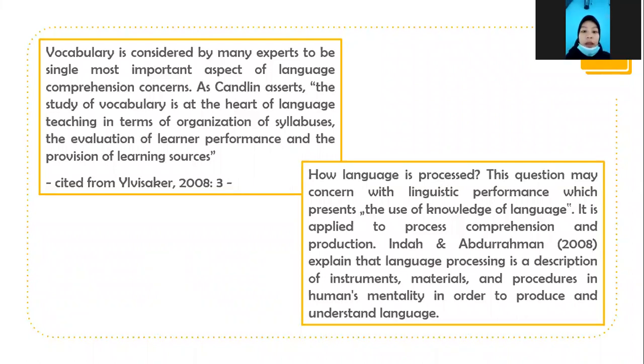Next, as Canadian Eastern says, the study of vocabulary is at the heart of language teaching in terms of organization of syllabus, the evaluation of learner performance and provision of learning source. Next, how language is processed.